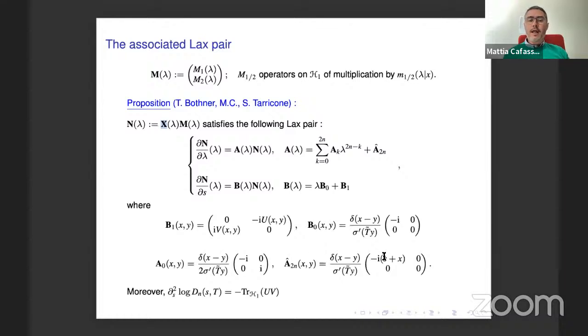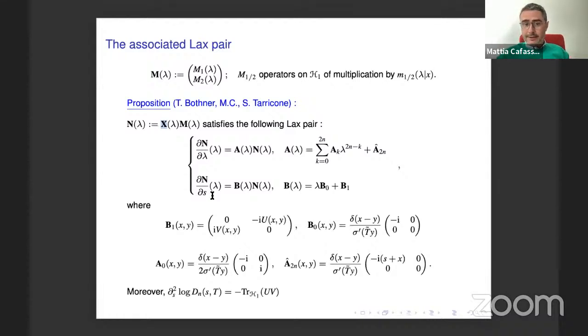If you are lost at this moment, remember the Riemann-Hilbert problem associated to the Painlevé equation. These U(x,y) and V(x,y) are now kernels of some operators, but this U at the end is the analog of the solution in the classical setting of the Painlevé equation.